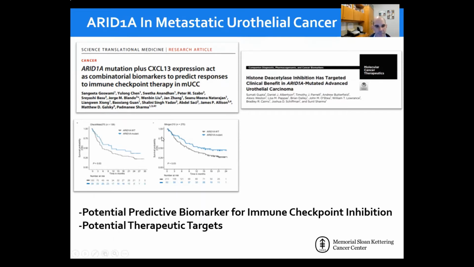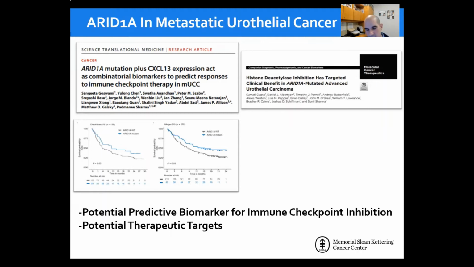And in some publications looking at histone deacetylase inhibitors, which again affect the chromatin structure, ARID1A may be a particularly relevant target.